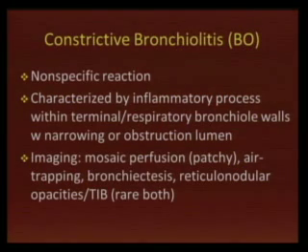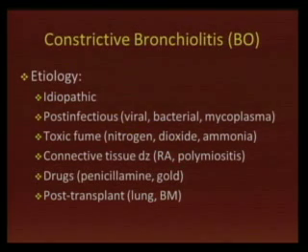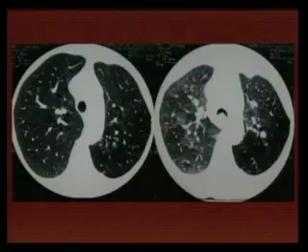You can also see, in rare cases, tree-in-bud pattern or reticular opacities. With respect to the etiology, BO could be idiopathic or secondary to an infectious process, mainly viral or bacterial infections. It can be seen in connective tissue disease, in cases of toxic fumes, in cases of drugs, especially in patients with rheumatoid arthritis treated with gold, or could be secondary to a transplant.